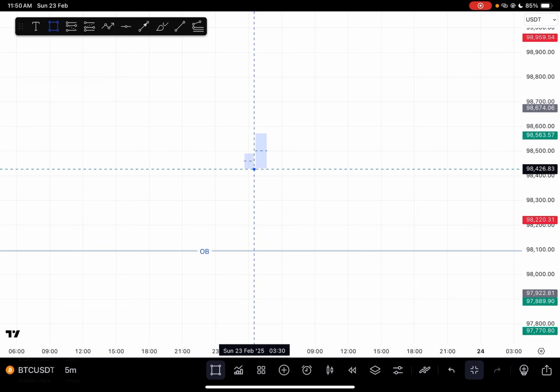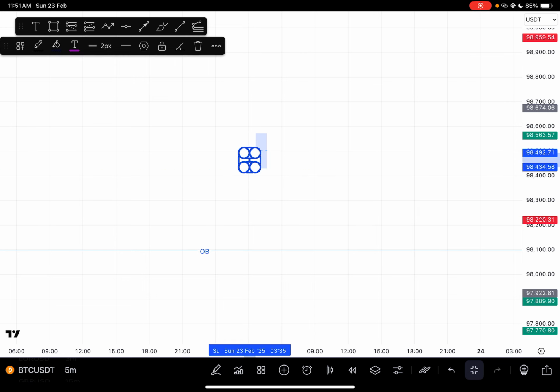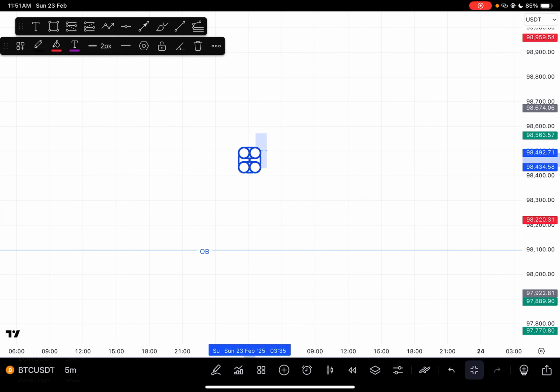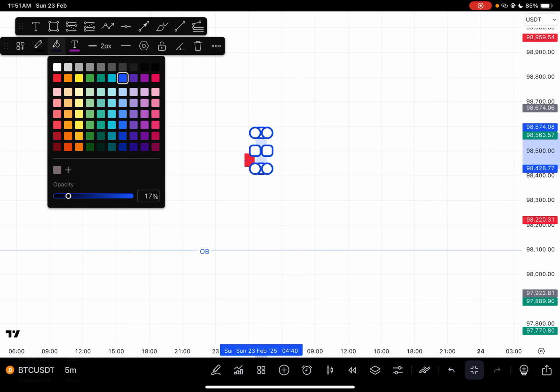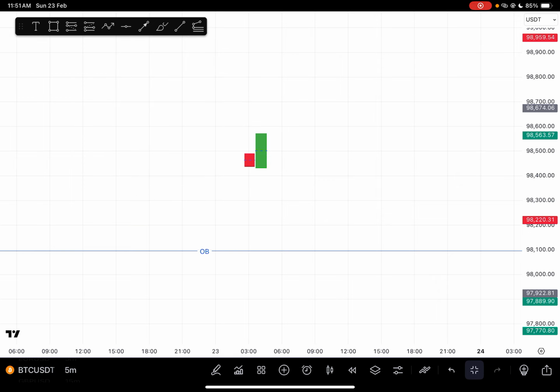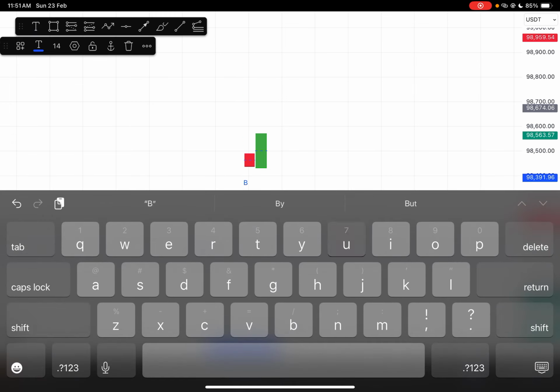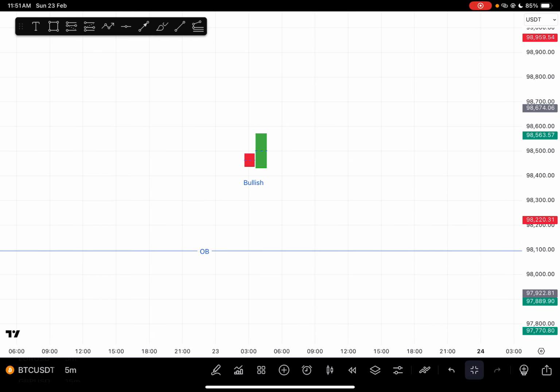For this particular one, this is a bullish order block. This is a bullish order block.